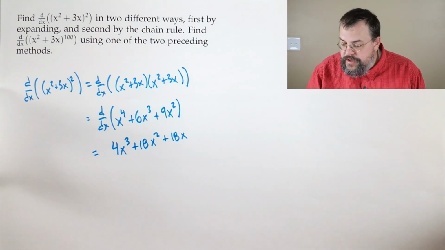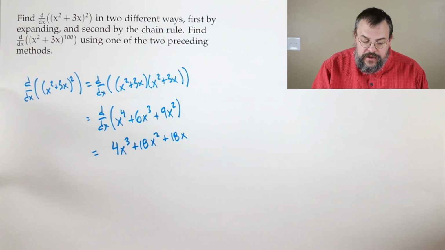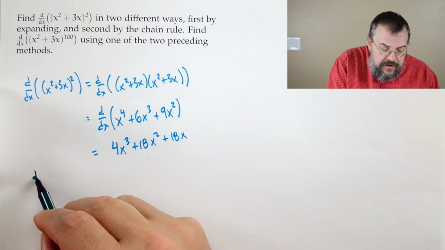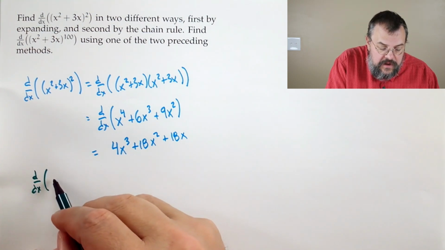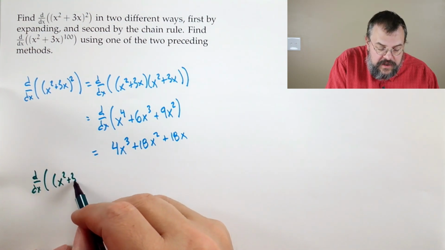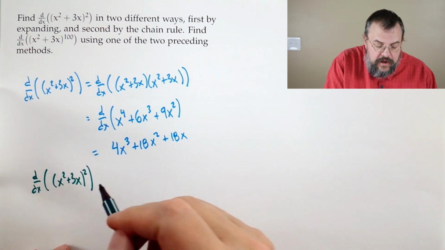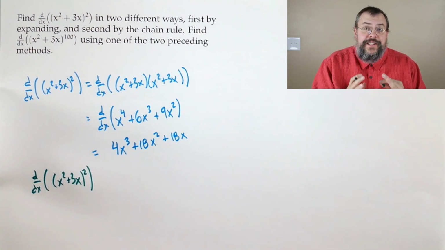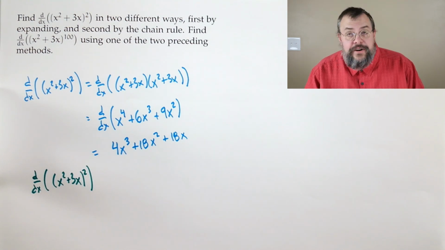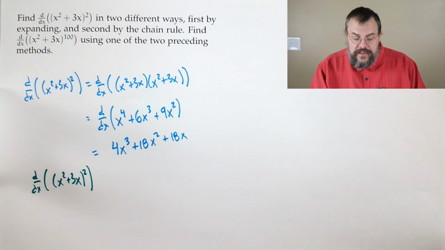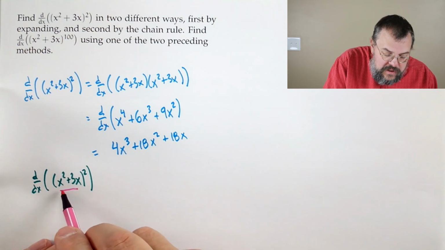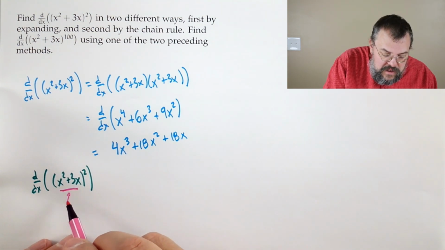Now, what if we were to do the chain rule? How would that work? Well, we would say the derivative of x squared plus 3x quantity squared. Now we have to think about what's happening. What's on the inside? What's on the outside? Well, the inside, again, we can sort of see parentheses giving it away. This is the inside, the x squared plus 3x.